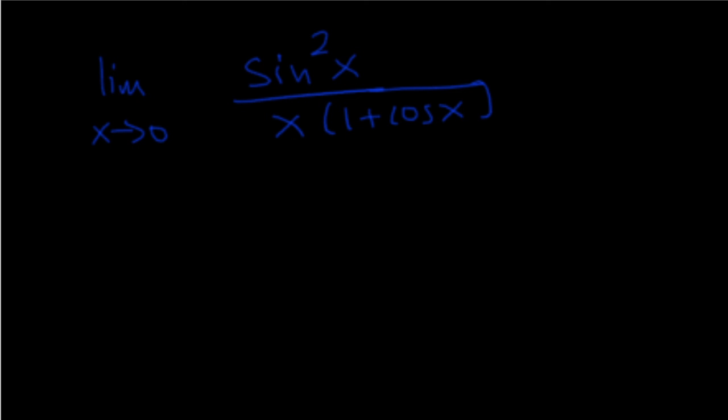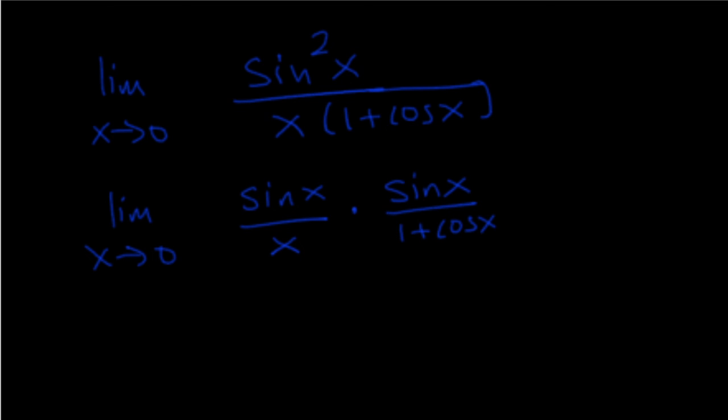I'm going to rewrite this. So I'm going to have the limit as x approaches 0, and I'm going to break up the sine squared as sine over x times sine over 1 plus cosine x. So here I broke up the numerator and the denominator.